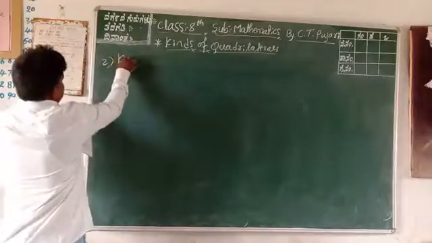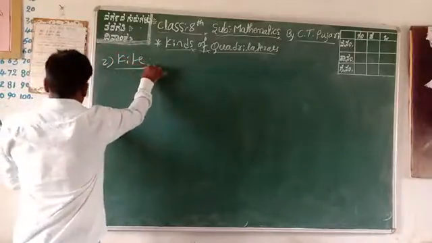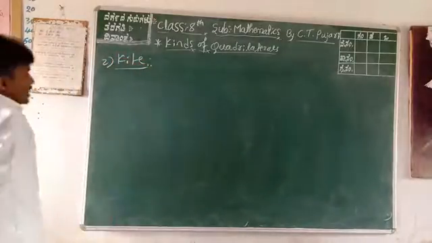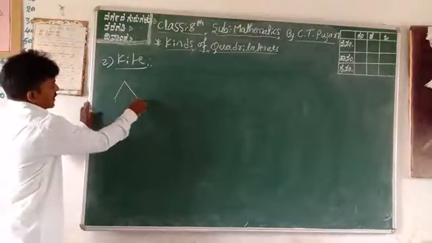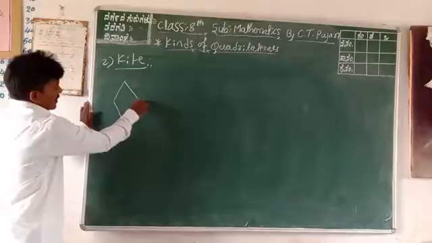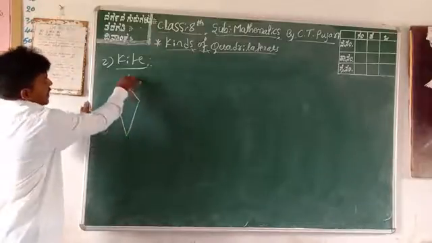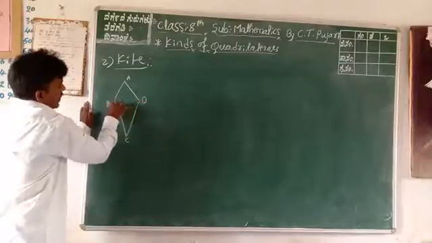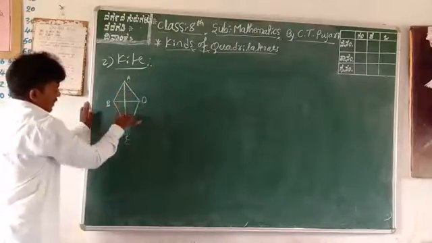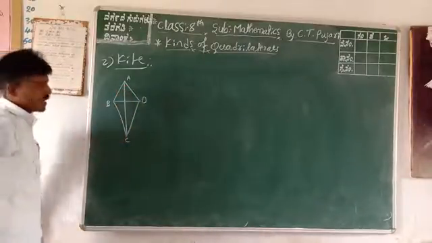Second one, kite. What are the characters of a kite? The diagonals are like this. Kite A, B, C, D. This is a kite, and some diagonals are here.